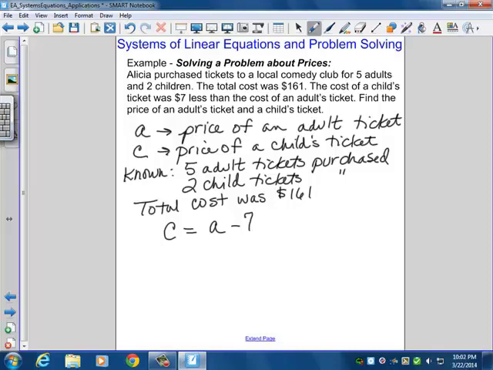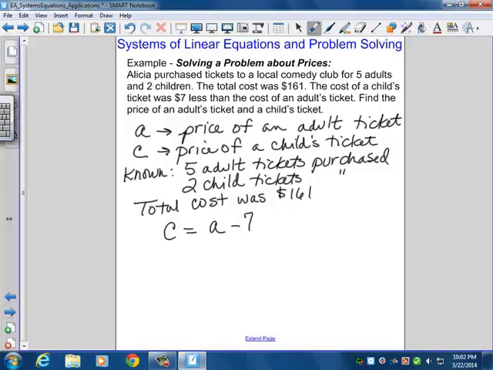Now I need to put together some information for the other equation. So how are we going to get the total cost? To get the cost of what was spent on the adults, there were 5, and we have to multiply that by the price of each ticket.